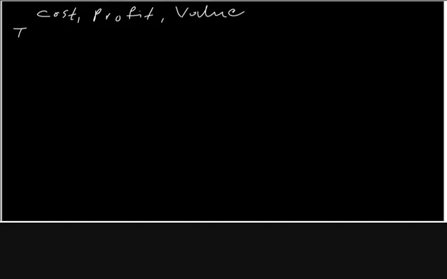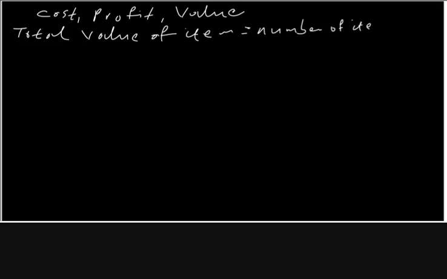So total value of item is equal to number of items times value per item. Number of items times value per item.